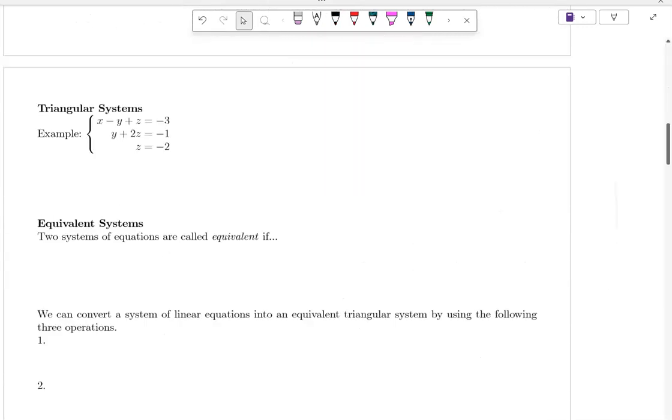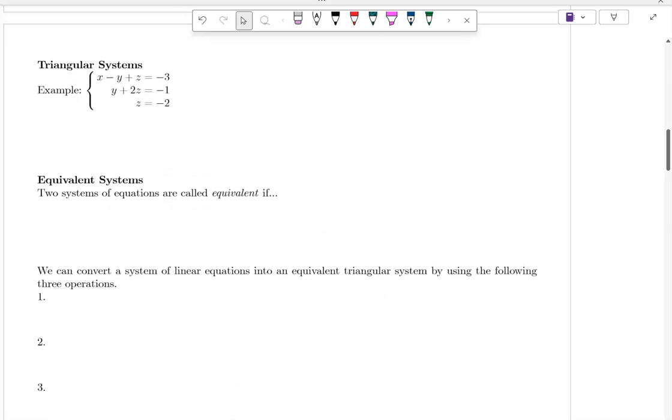So first, before we get to that point, we're going to talk about what we refer to as triangular systems. Here's why we call it triangular. If you look at what's on the left-hand side of the equal sign, do you see that kind of triangle pattern?